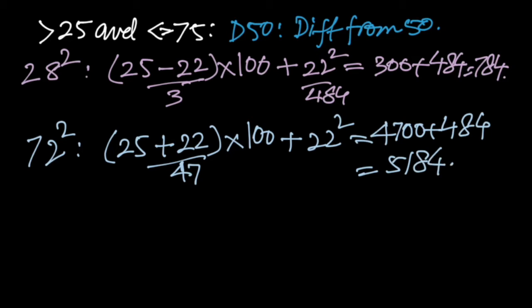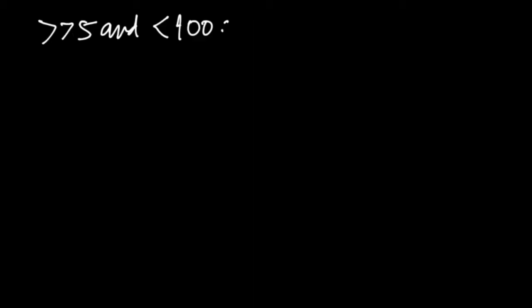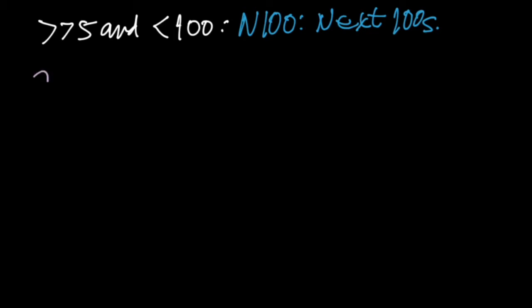Let's take the last case of 2-digit numbers. Here the numbers are between 75 and 100. In this case we use technique N100, which is next hundreds. Let's do some examples. Let's take the example of 89 square. Here we start with 100 and we subtract double the difference between the number and 100.